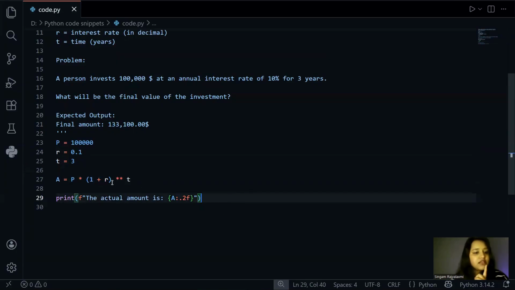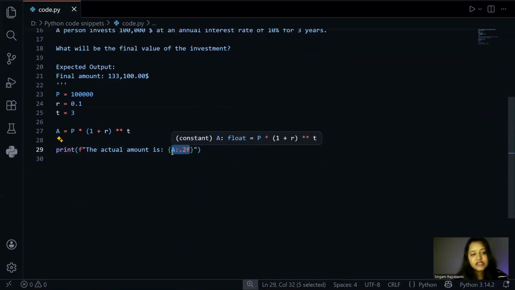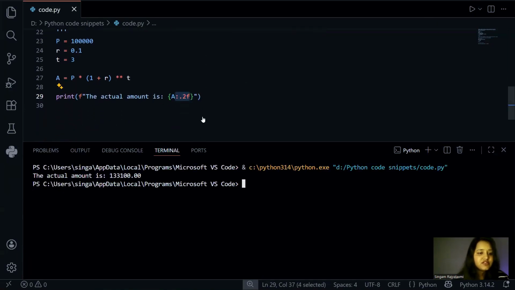And the interesting thing is here we have actually used f strings. We use that to actually substitute the value inside the brackets, and here we need it up to 2 decimals, and that's the reason we used this weird syntax to get the 2 decimals. You got me, right? So this will be the actual amount.